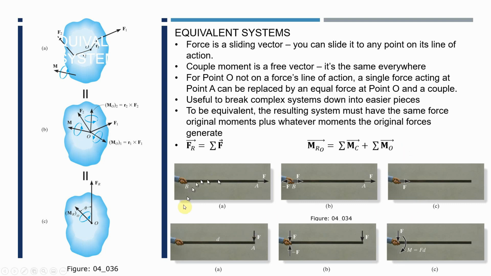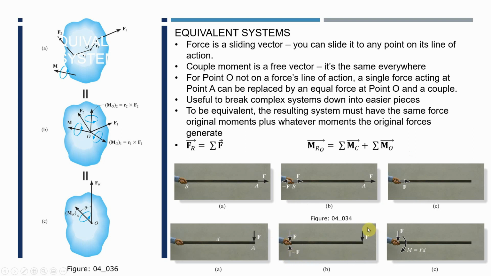Okay, these little figures demonstrate forces and moments. We can make this equivalent. You'll notice equivalency here. This force acting here is equivalent to these two forces, one up, one down, okay?